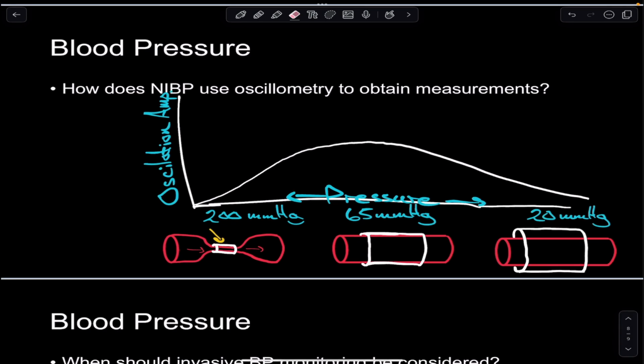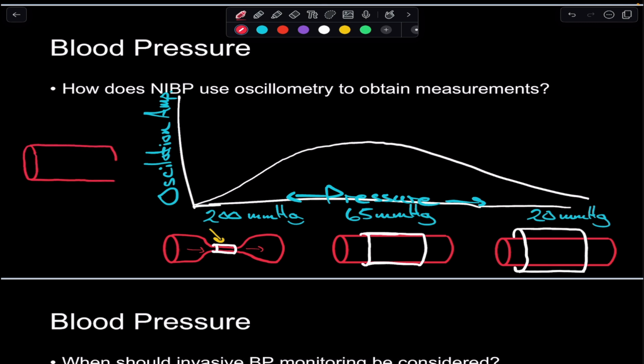A non-invasive automated blood pressure cuff uses a technique called oscillometry to measure blood pressure. If you imagine in our patient's arm, they have arteries, that's what I'm drawing here, and in the arteries they have blood flow. With each pulse, each heartbeat, the blood exerts a pressure on the walls of the artery.